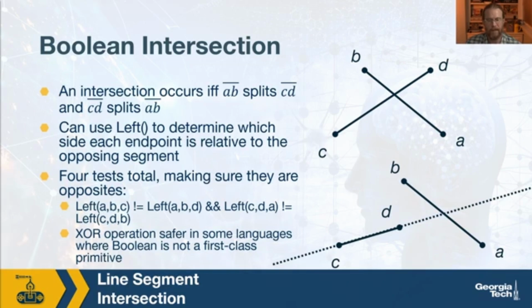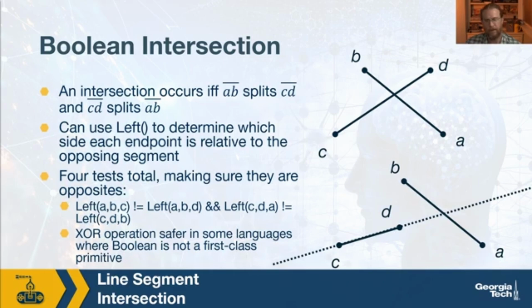So you can create a triangle like C, D, and B. You would be doing the cross product of the vector formed by C to D and the vector C to B. So the CD vector cross with CB, and that would be on the left side.